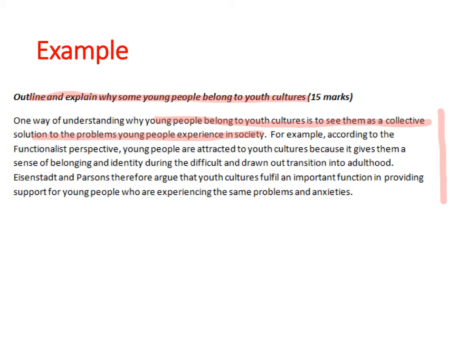Now the rest of the paragraph really develops and explains that point much more fully, drawing upon some relevant theory, in this case the functionalist perspective, and also we've got reference to some key sociologists, Eisenstadt and Parsons, that we would associate with this particular theory.